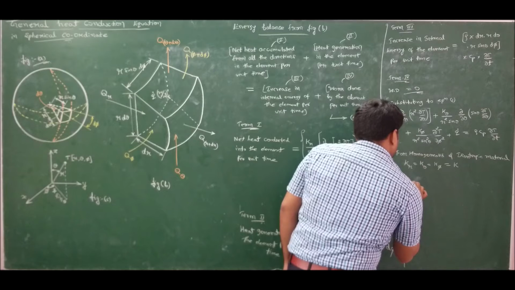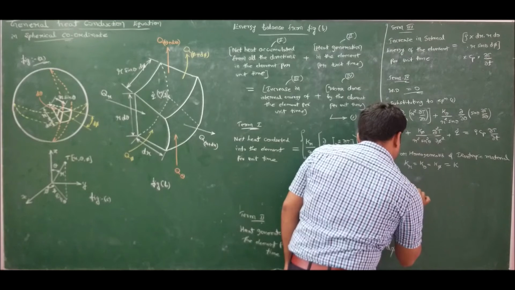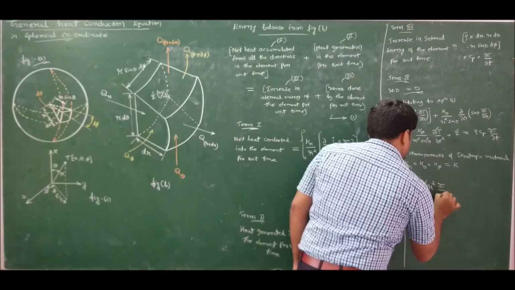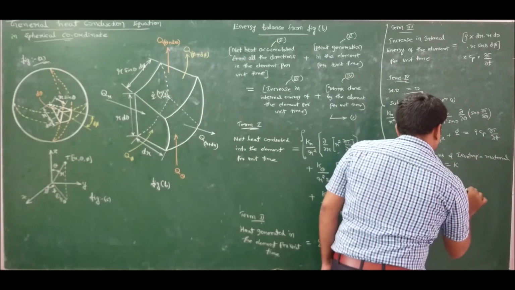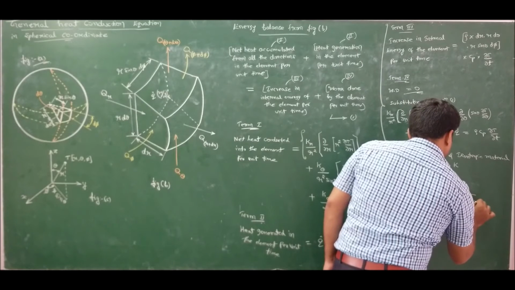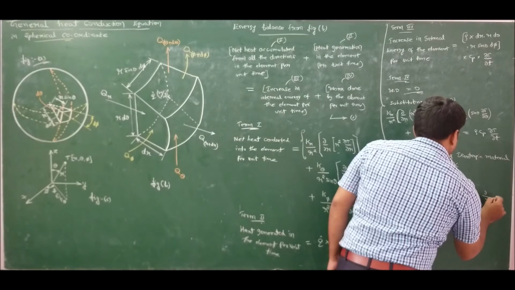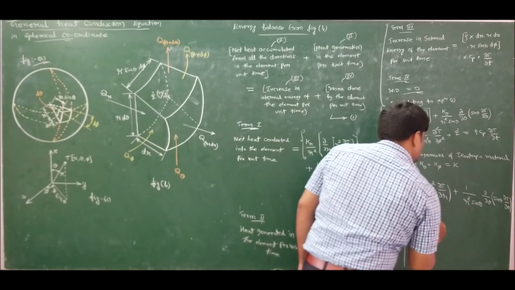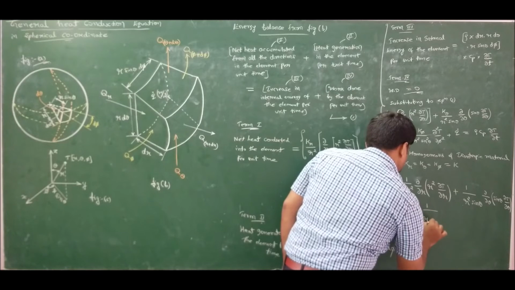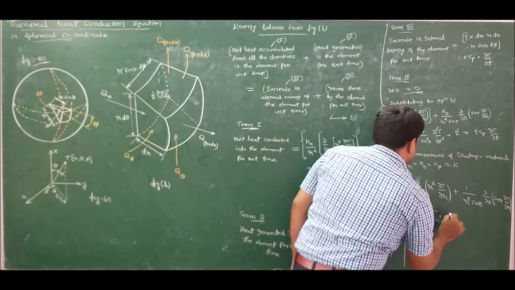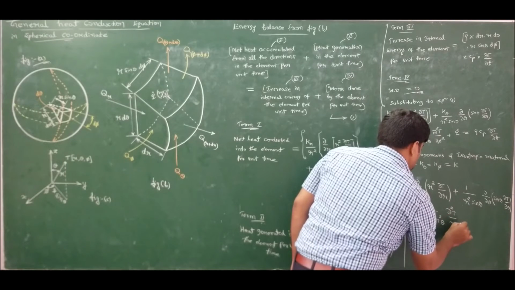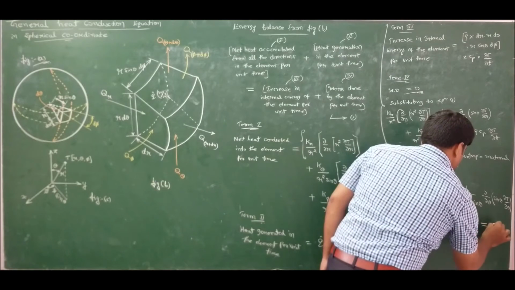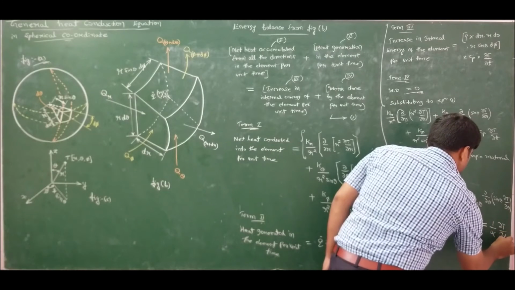If I do that, I will get the final expression as 1 by r² ∂/∂r of (r² ∂T/∂r) is term 1, plus 1 by r² sinθ ∂/∂θ of (sinθ ∂T/∂θ), plus 1 by r² sin²θ ∂²T/∂φ², plus q dot by k is equal to 1 by alpha ∂T/∂t.